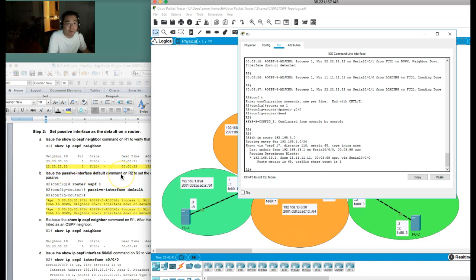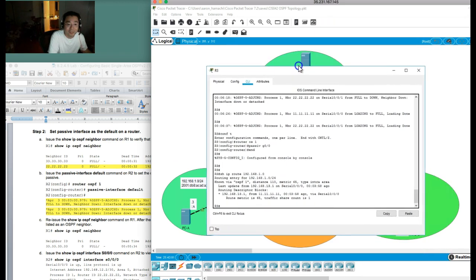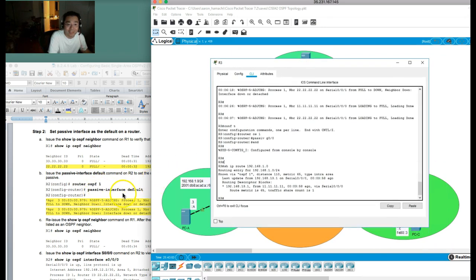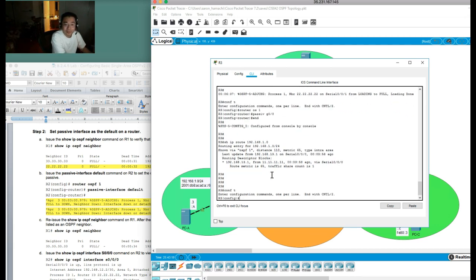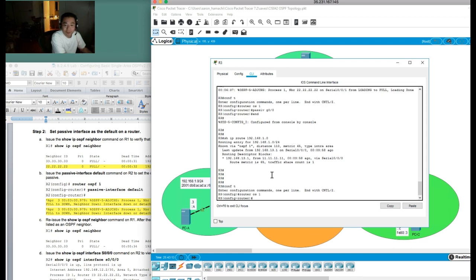And what this is good for is protecting you from yourself. That's essentially it. So as the last portion, you unpassive the interface that you want. Okay? So under router OSPF 1, we're going to set passive as default.